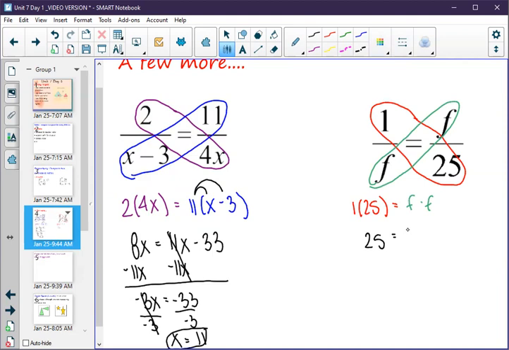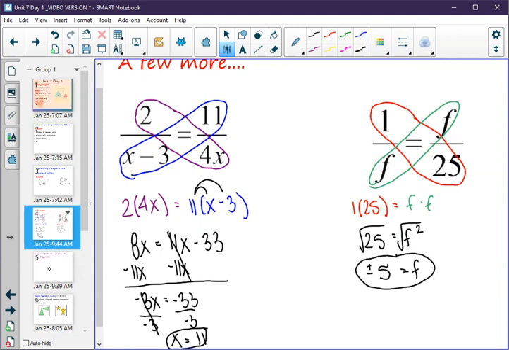F times f gives me f squared. Now to undo a square, I need to take the square root. The square root of f squared is just f. The square root of 25, a lot of you are going to say, oh, super easy, that's just 5. But it's not just 5. Whenever you take the square root, you have to remember plus or minus. So f could be plus or minus 5 here.